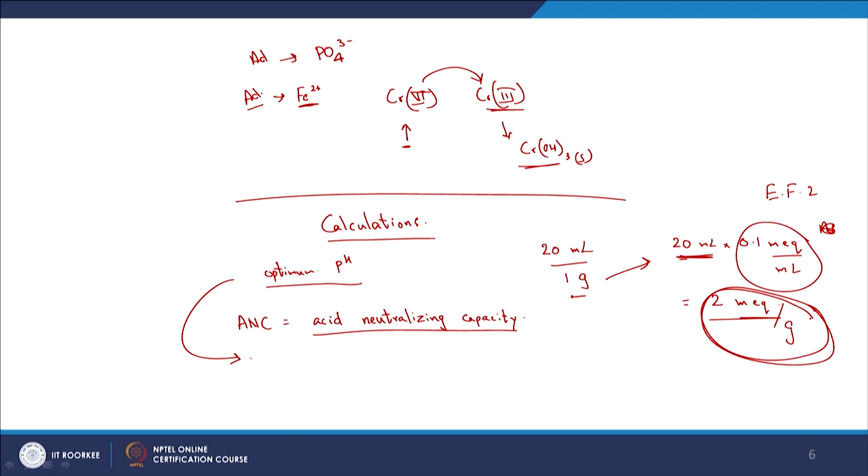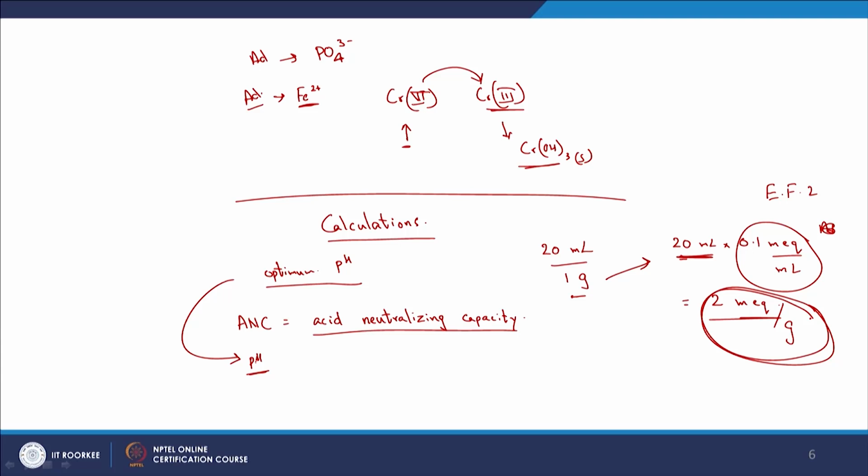But in our case, what should it be now? We will look at what the acid neutralizing capacity is for our optimum pH, right? So you are going to choose the design pH to be your optimum pH, which you are going to calculate from your relevant heavy metal based, precipitation based data, which we are going to look at again.